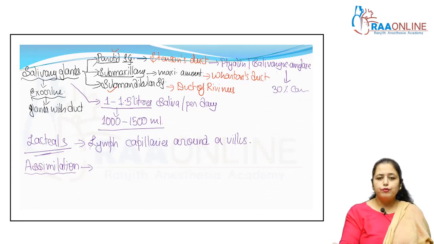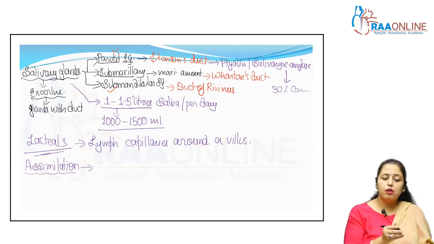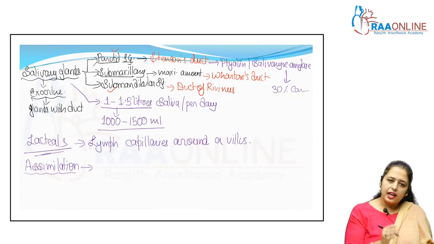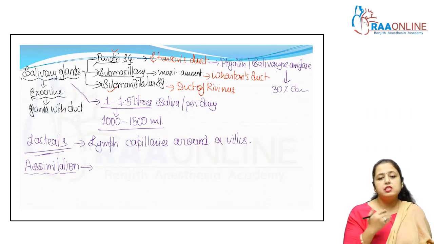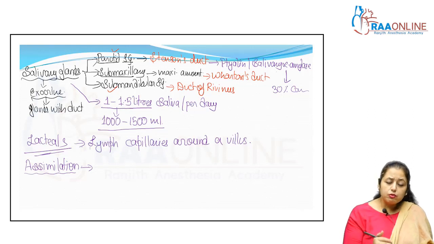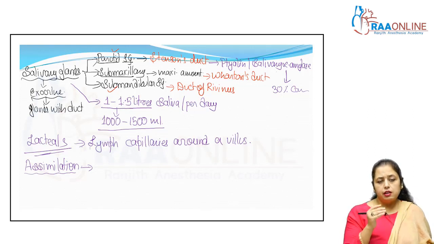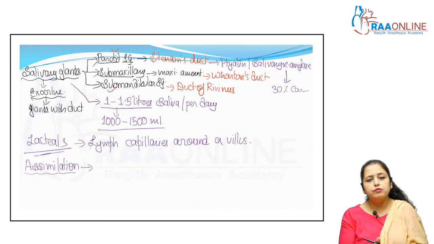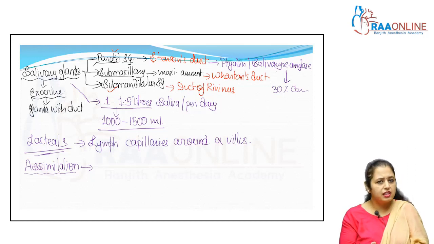In absorption of food, absorption occurs in two ways, active and passive. Sometimes it is by facilitated diffusion or simple diffusion. When we talk about the absorption of fat, it is active.